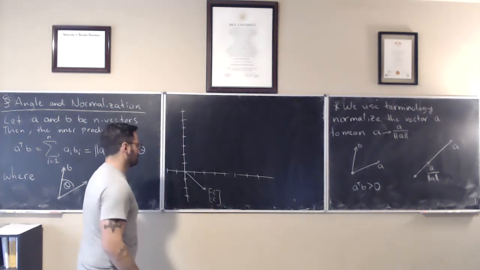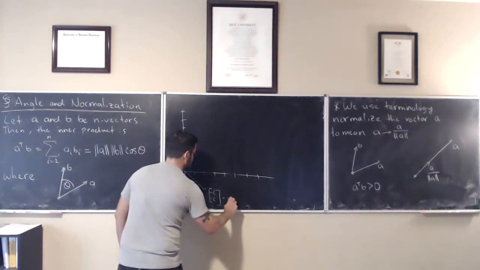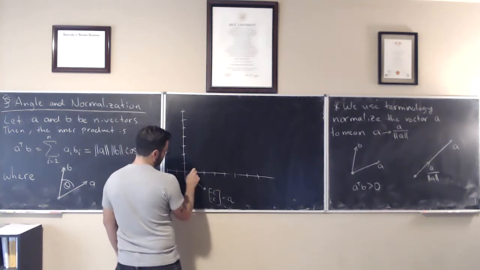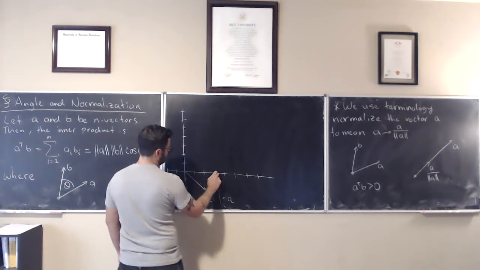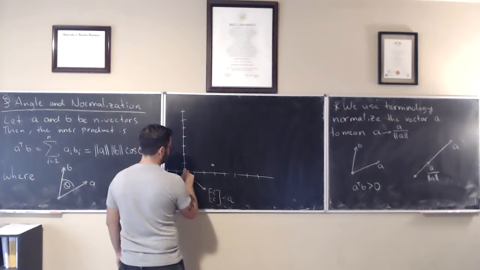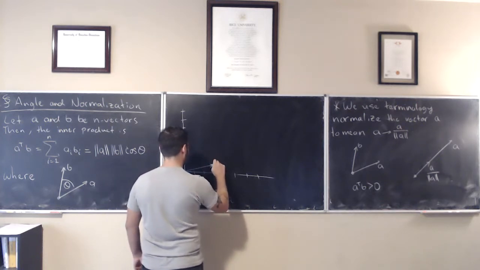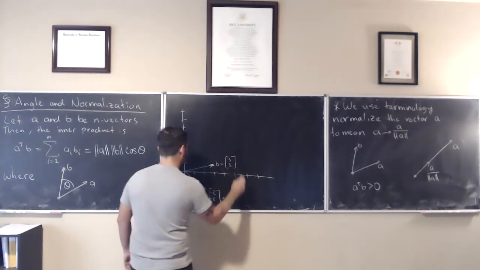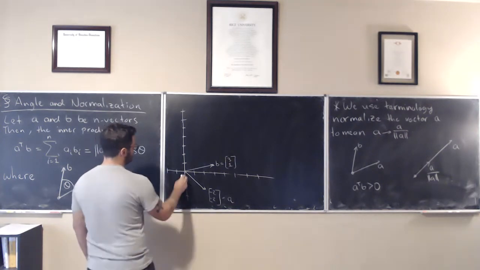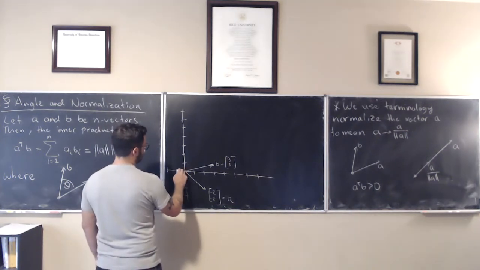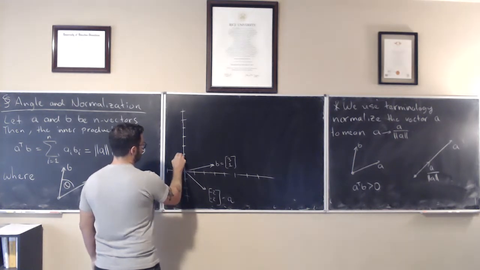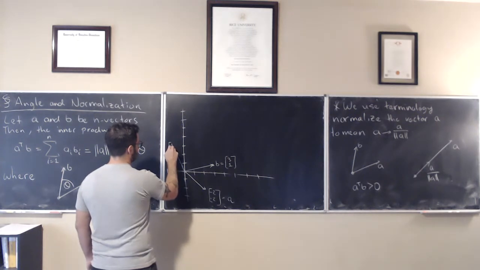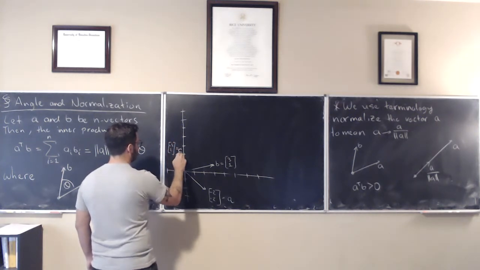That's A. And then maybe B can be 3, 1. And then maybe we'll have C equals -1, 2. This can be our C vector.